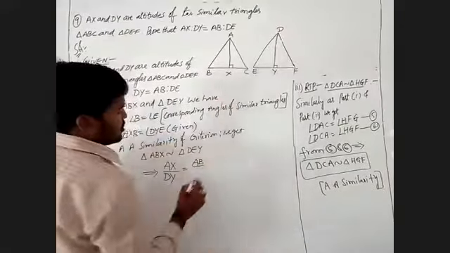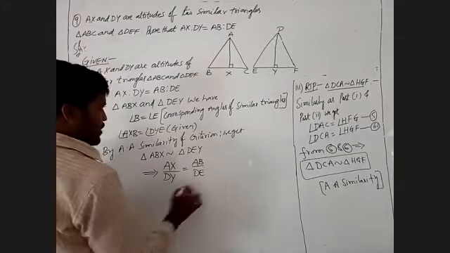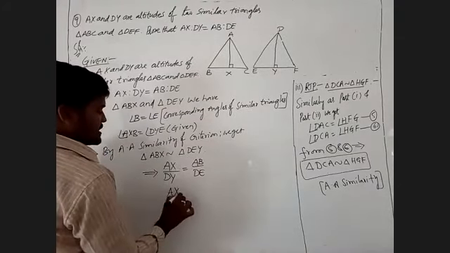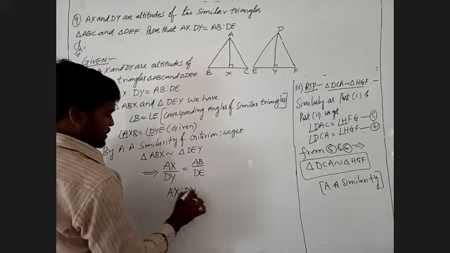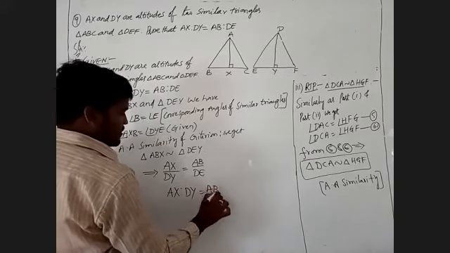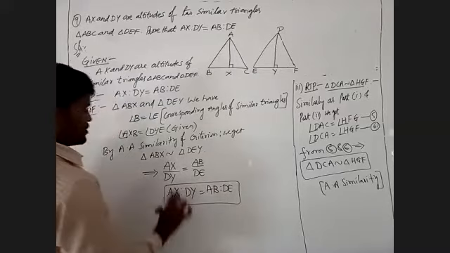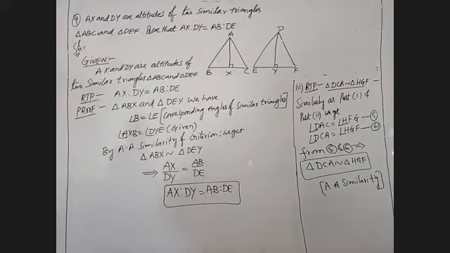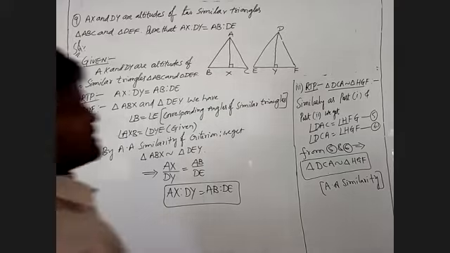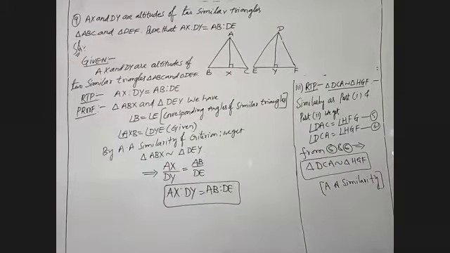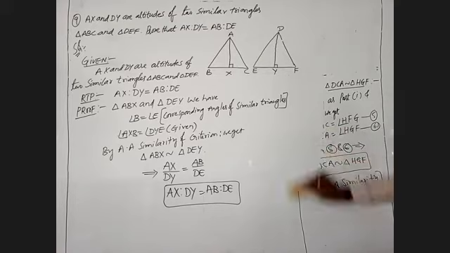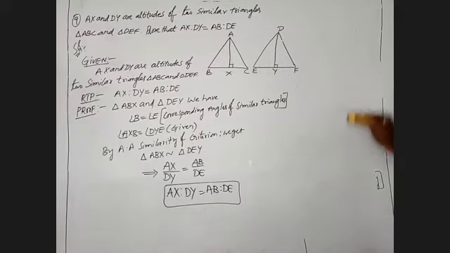So AX is to DY is nothing but AB is to DE. This is the proof of the problem. Hence, this exercise is completed. Nothing but constructions remaining, all else is completed in this exercise.